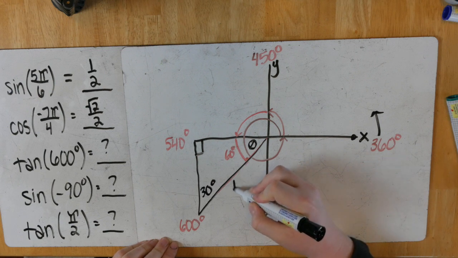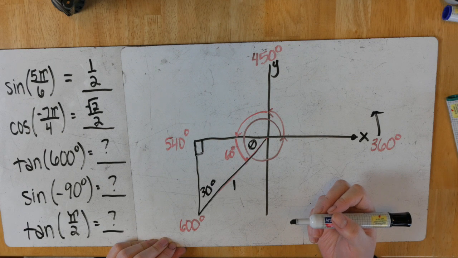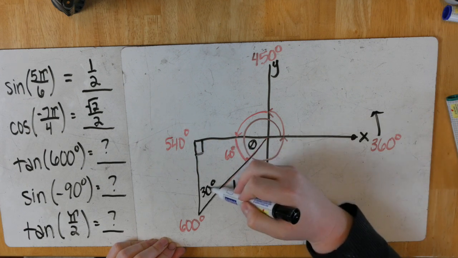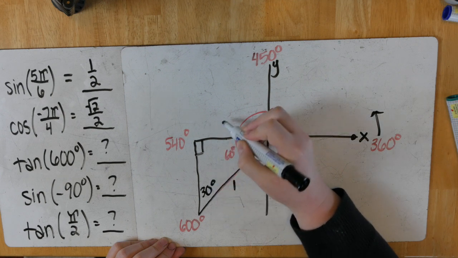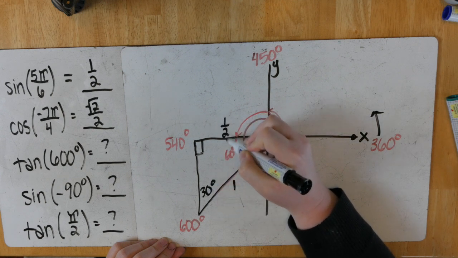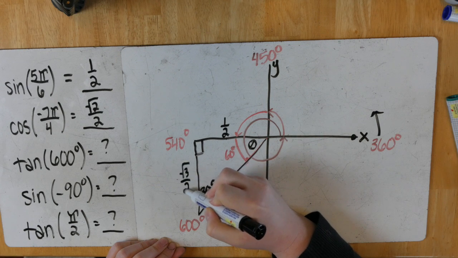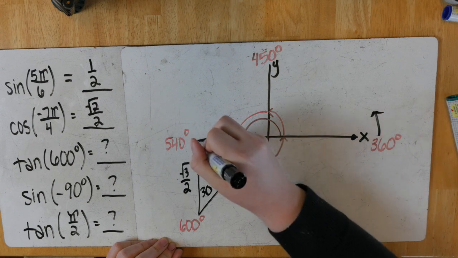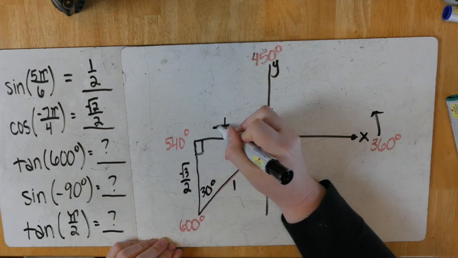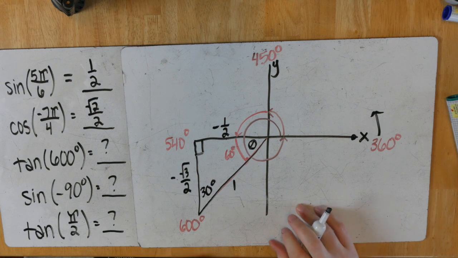The radius, however, is still 1 because we're still working in the unit circle, which means that opposite of the 30 degree angle, we have to have the side 1/2, and opposite of the 60 degree angle, we have to have the side root 3 over 2. And we went down the negative x-axis and the negative y-axis, so both of these side lengths are going to be negative.